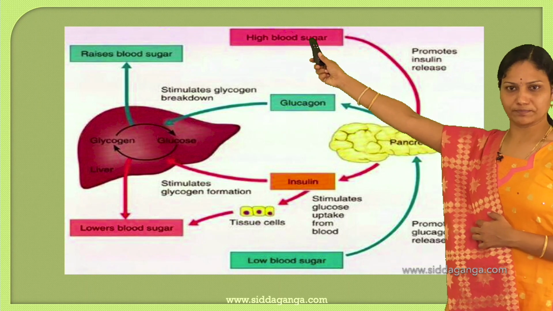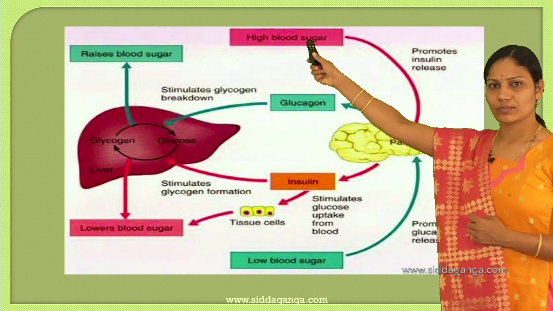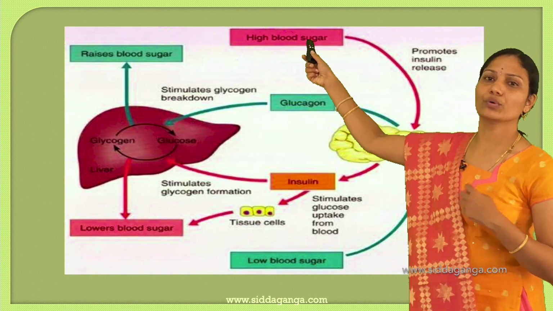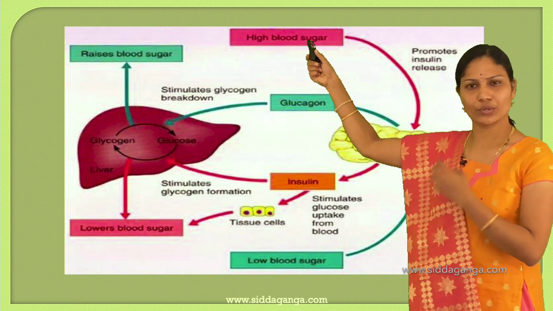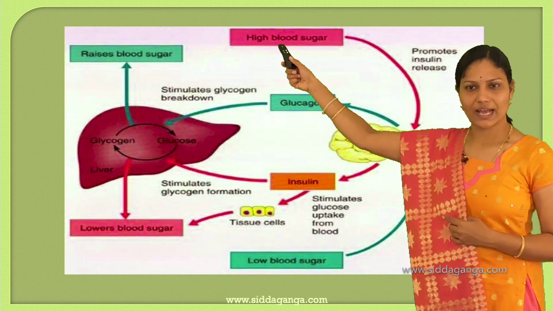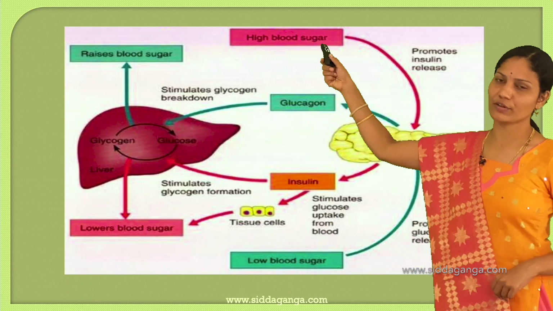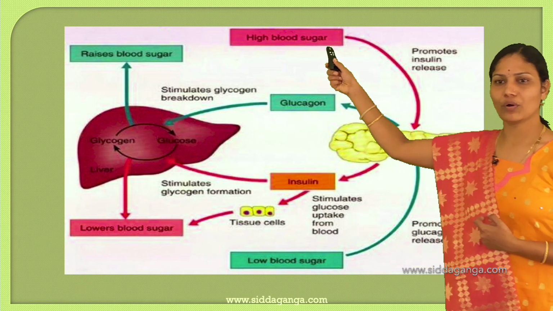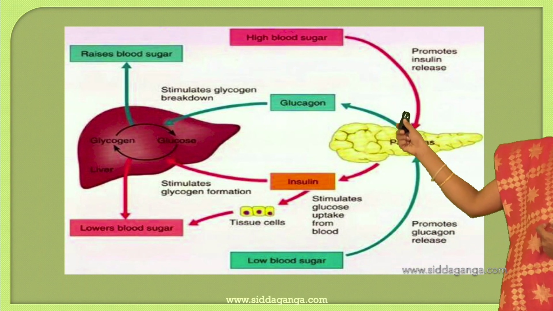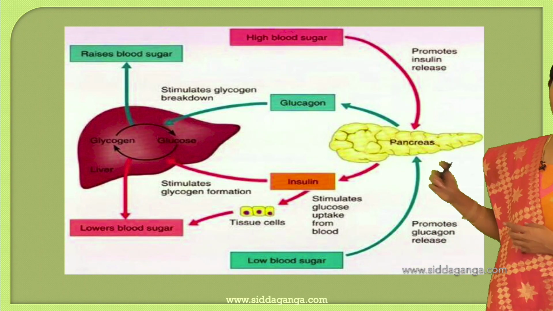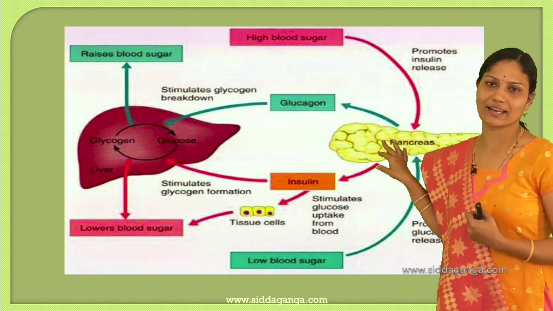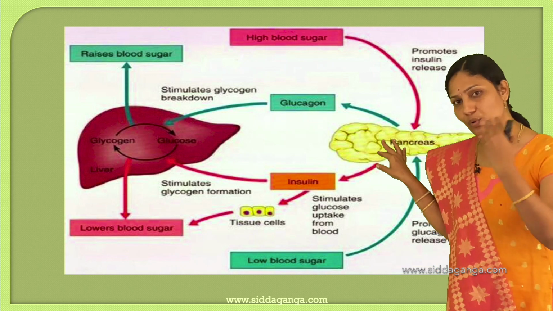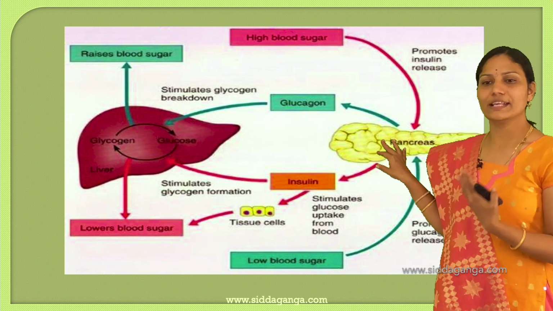High blood sugar is whenever the amount of sugar in our blood rises, either due to a full meal or due to many other reasons. When the level of sugar is high in blood, it promotes insulin release. That is, the islets of Langerhans inside the pancreas promote the release of the hormone called insulin.